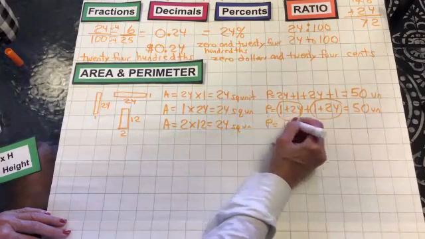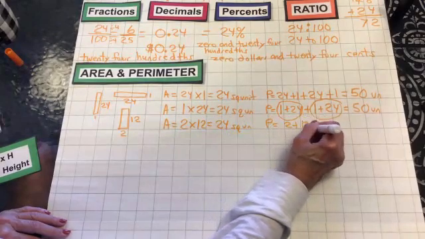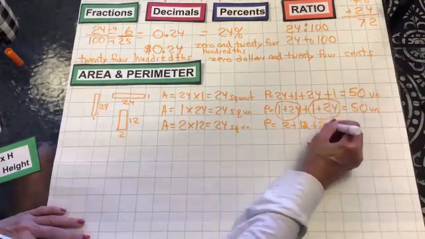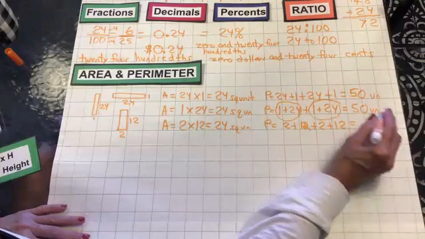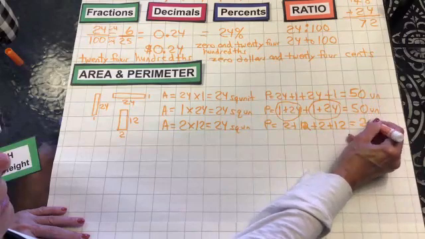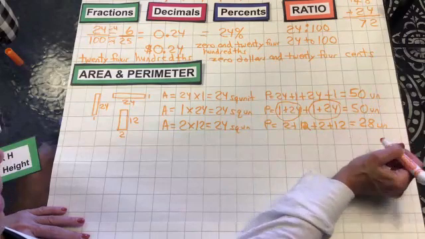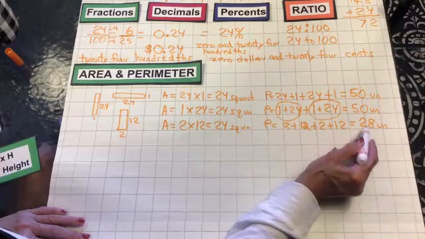The perimeter would be 2 plus 12 plus 2 plus 12, and that would be 14 plus 14, which is 28 units. Wow. Put 14 here together, 14 here, 28.